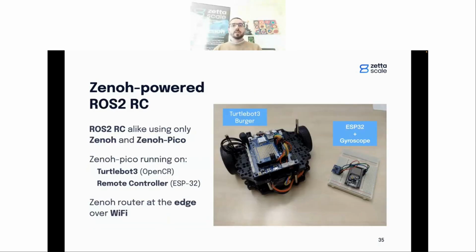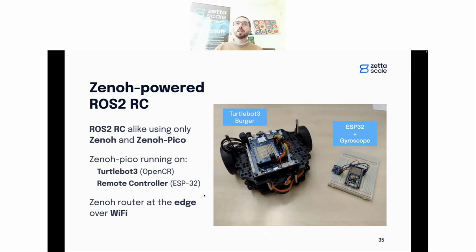And then while developing this demo, we also ended up porting the TurtleBot3 to run entirely on Zenoh, only using the ROS2 messages for an easy migration. And just to show you very quickly, here is a video. First in this picture, you can see the TurtleBot3 Burger where we stripped out the Raspberry Pi because we didn't need it anymore.